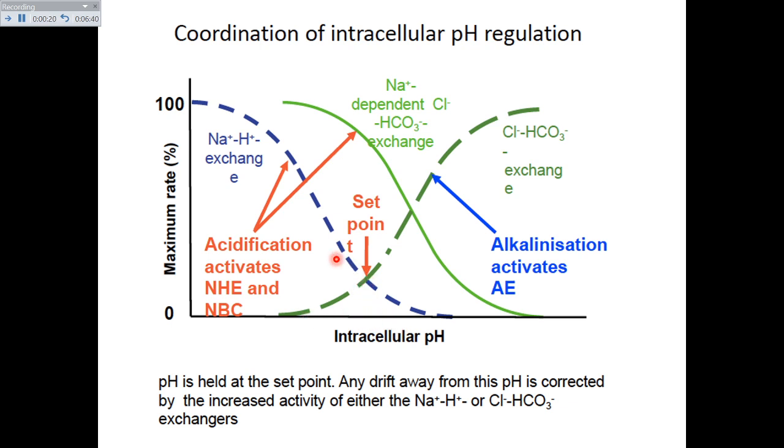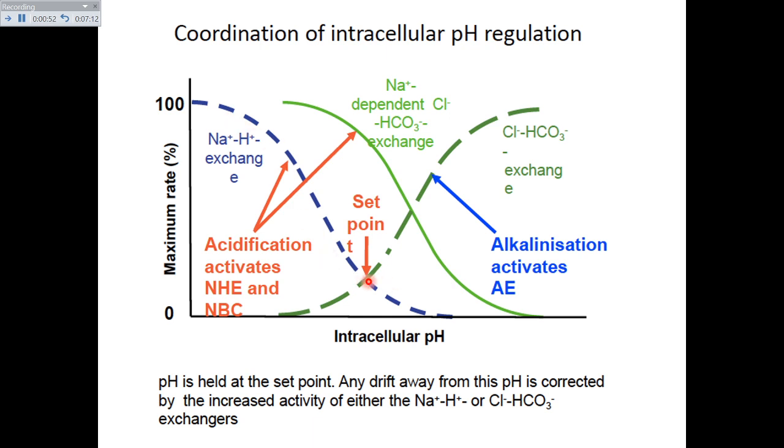When the pH decreases like this, acidification activates the sodium hydrogen exchanger and the sodium bicarbonate co-transport, in order to decrease this acidity.